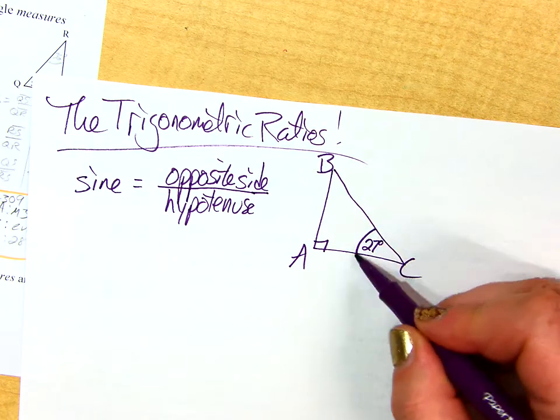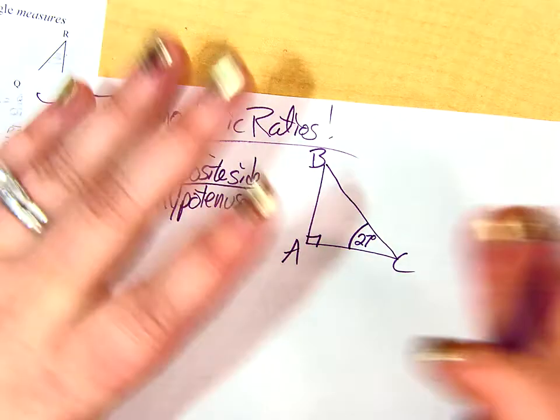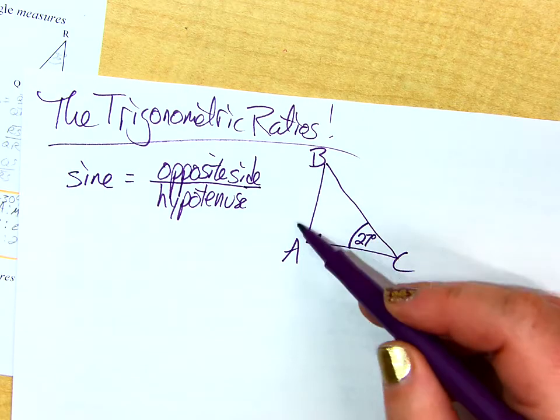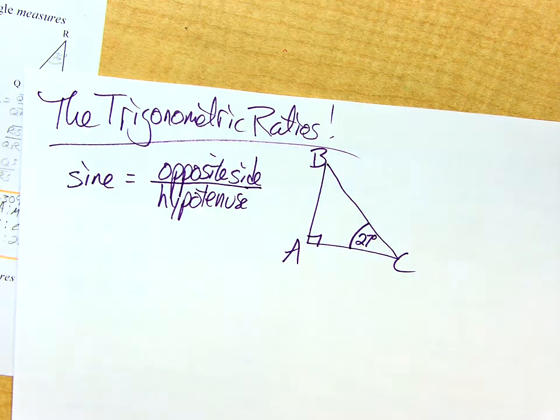I could have this right triangle and a bigger right triangle that still had a 27 degree angle. Those 2 triangles would be similar to each other. So if I took this length and divided by the hypotenuse, whether it was this triangle, an enlarged version, or a shrunk down version, that ratio would be the same, right? Does that make sense?